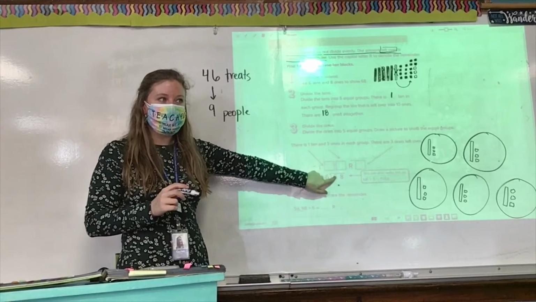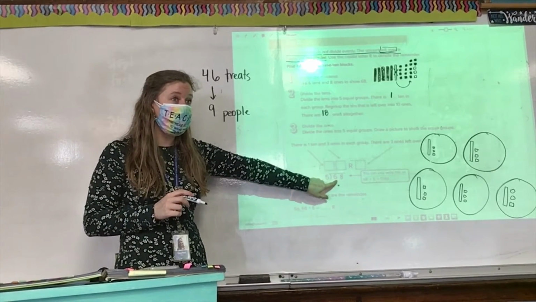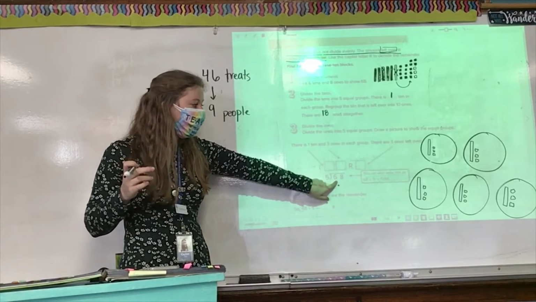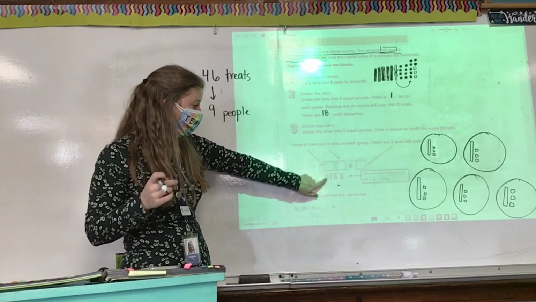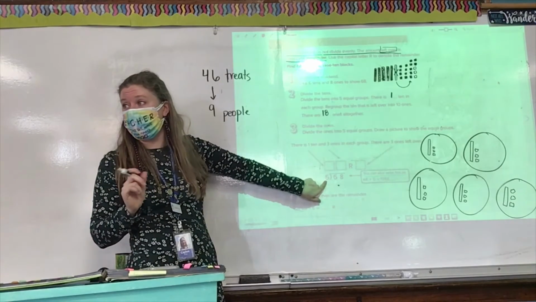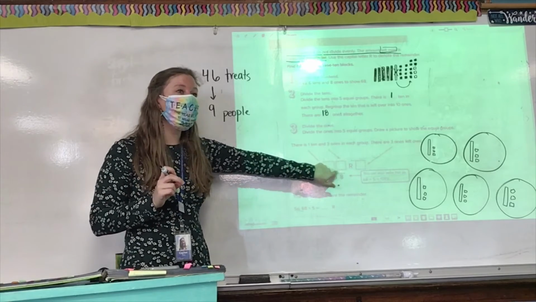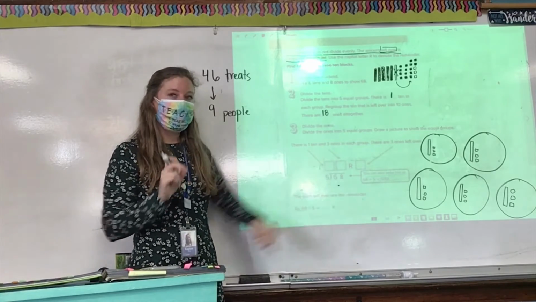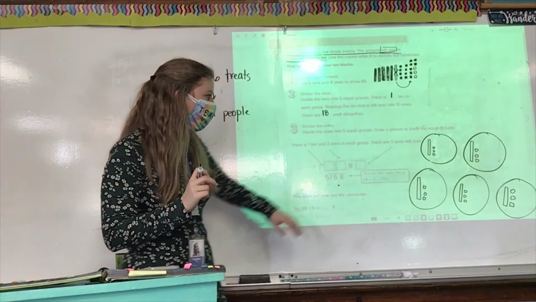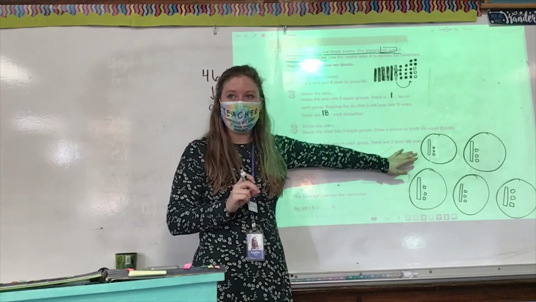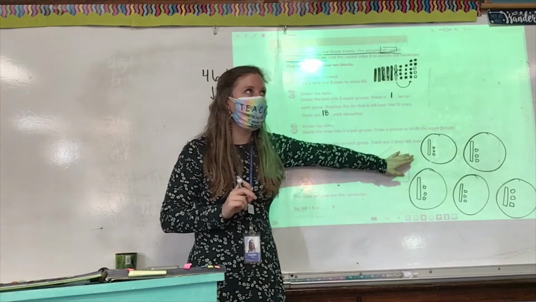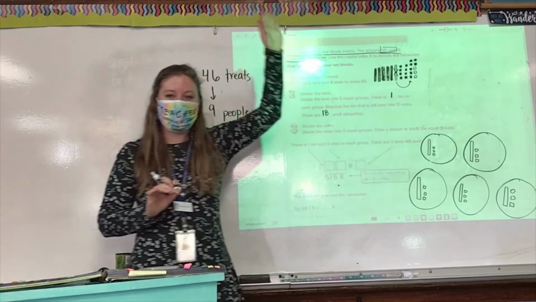So, let's look. I have to set this up. I have my dividend, 68, inside the bracket. I have my divisor, 5, to the left, on the short side of the bracket. Now I need to put my quotient at the top. Well, I know my quotient is how many is in each group. How many 10s do I have in each group?